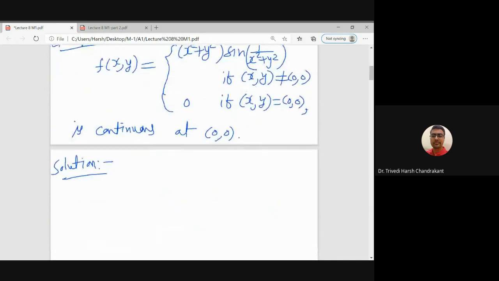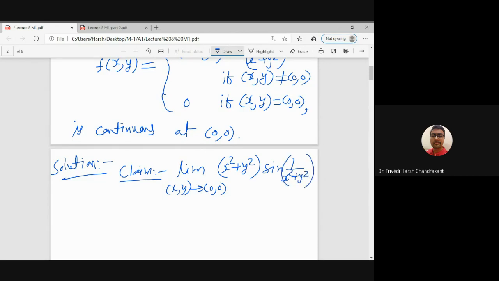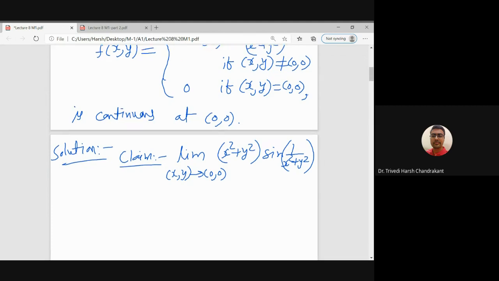So essentially what we want to prove here is that the limit as (x, y) approaches the origin of (x square plus y square) sine of 1 divided by (x square plus y square) exists, that is the first condition, and the value of the limit should be f(0, 0).